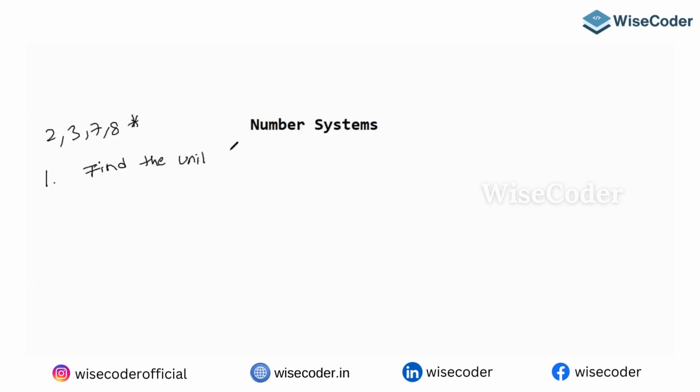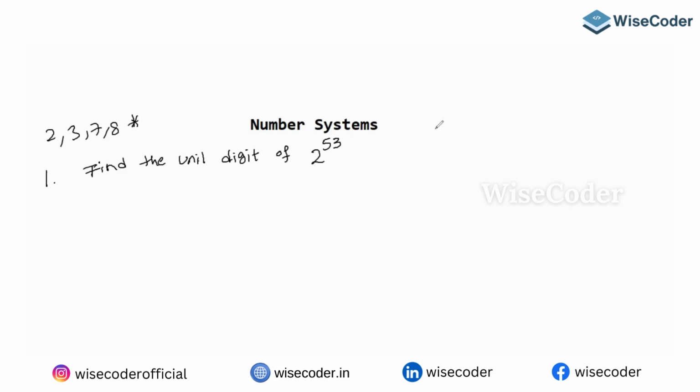Find the unit digit of 2 power 53. Okay, 2 power 53.